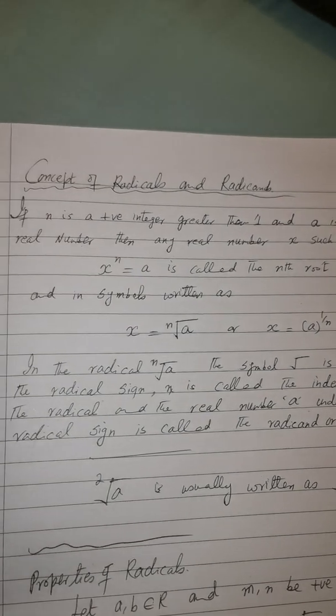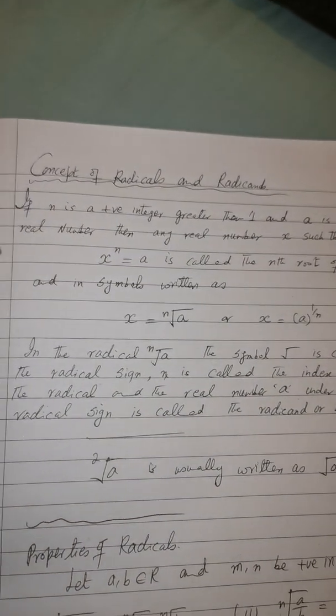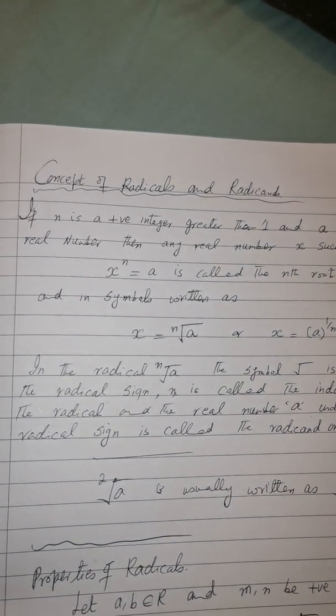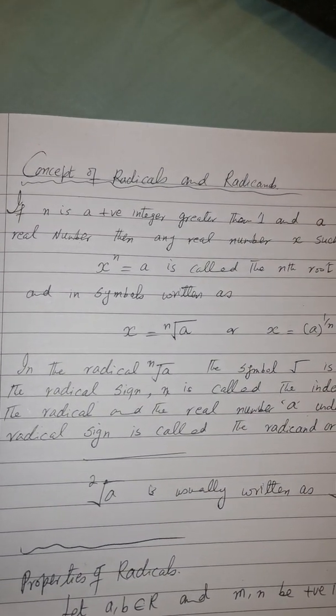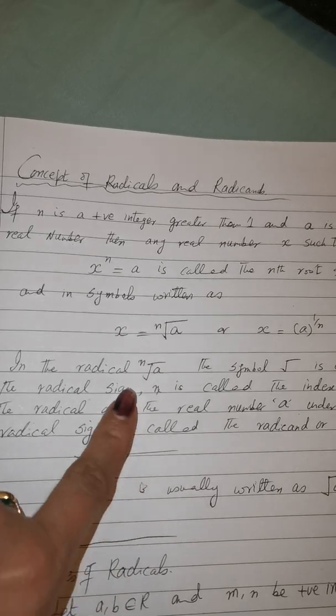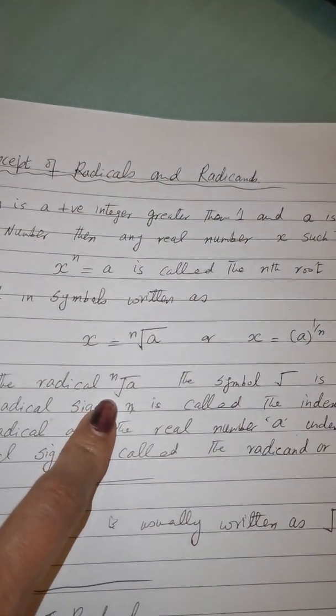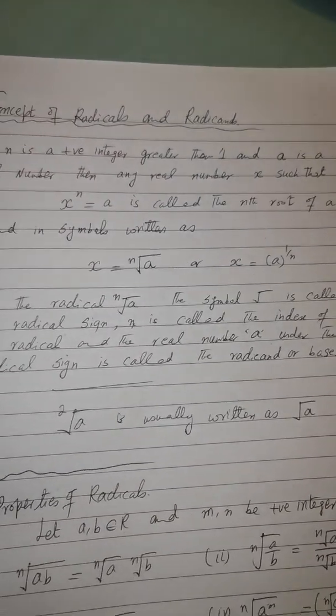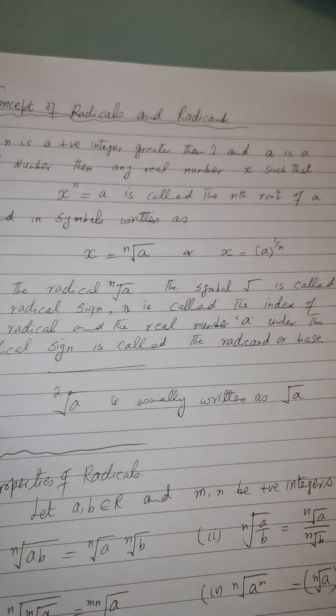So this is the concept of radical, and all the definition up till here is the definition of radicals. In the radical, a is under the root sign, and the symbol under root is called a radical sign.